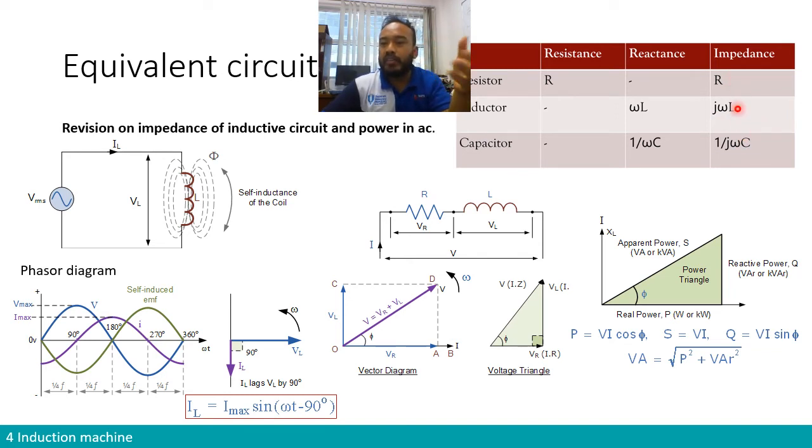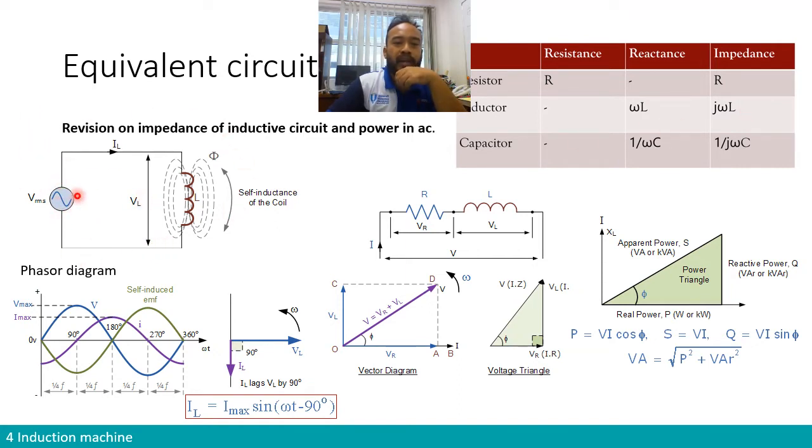So it is a combination of both R and j omega L. The omega L is what we call the inductive reactance, and L is the inductance of the coil. It is proportional to the frequency of the current supply and proportional to the inductance of the coil. So if you have a higher frequency, then the impedance will be higher. This is just the basic thing that you already know.